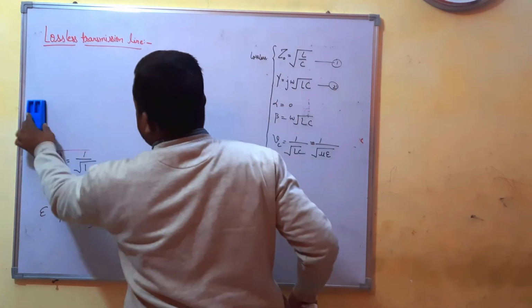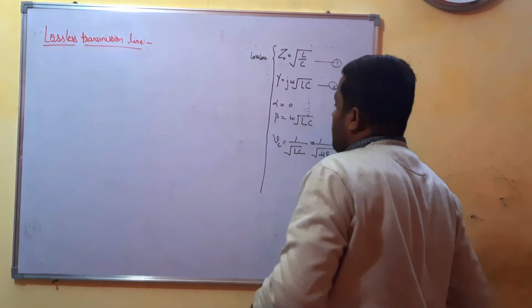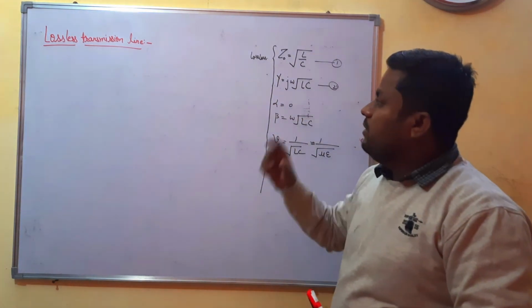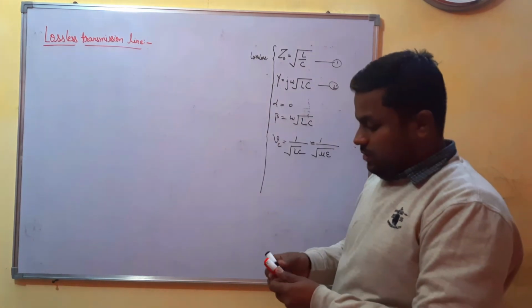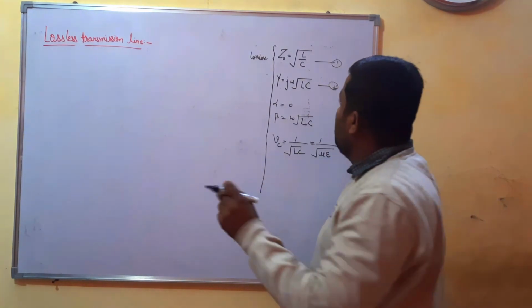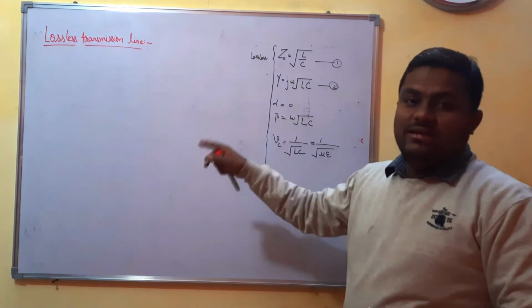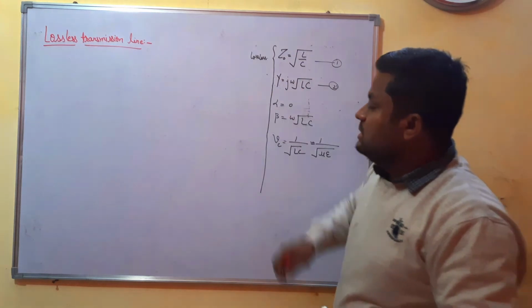Case 1. Firstly we will derive the equation for voltage and current at any point of a line for this lossless line.